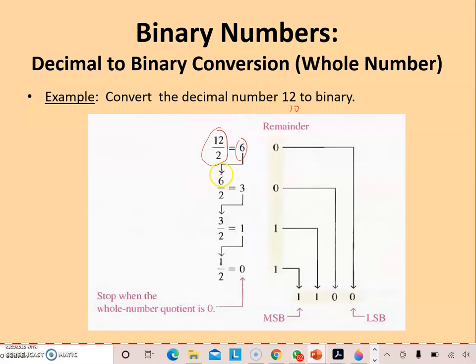Then 6 divided by 2, you have 3, and 3 divided by 2, you have 1, and 1 divided by 2, you have 0. So here will be your most significant bit, and here will be your least significant bit.